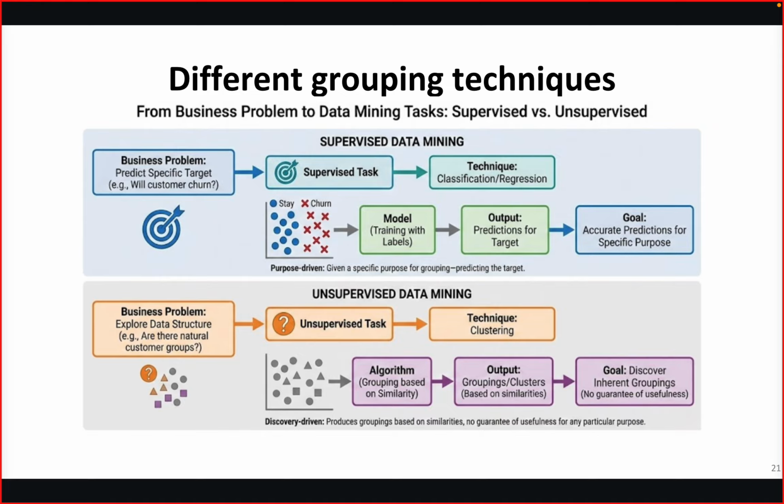The second goal is to discover inherent grouping, with no guarantee of usefulness. We just allow the algorithm to detect similarity among individuals and try to form groups. So you have to make a judgment and rename the group yourself, not just C1, C2, C3. Give a meaningful name to the group, for example high value customer group or low value customer group.